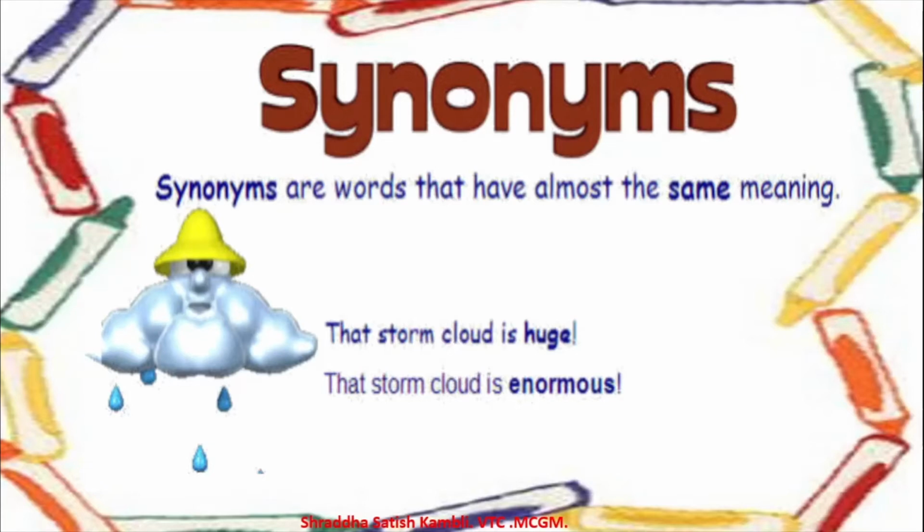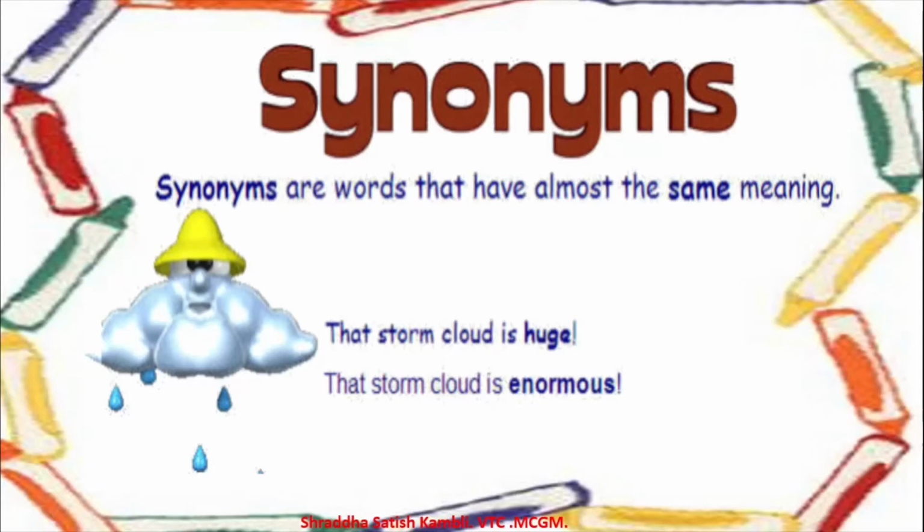So see, you could replace the word huge with the word enormous without making a lot of difference to the meaning of the sentence. Okay, so that is why we say that these two words, huge and enormous, are synonyms. Okay, so this in simple words is the meaning of synonyms.